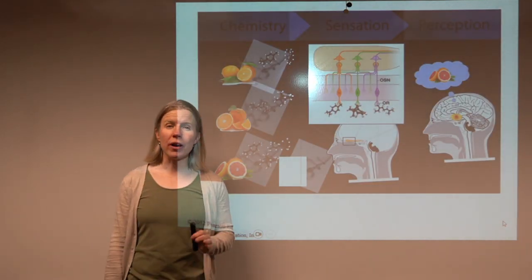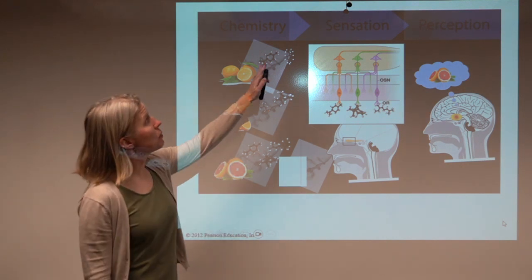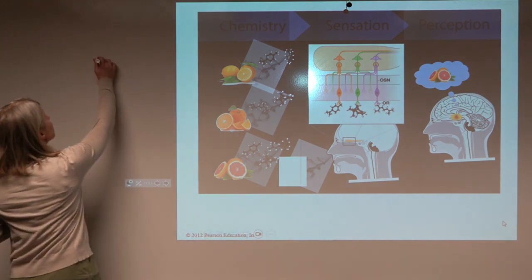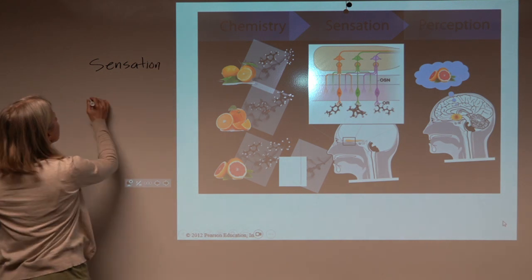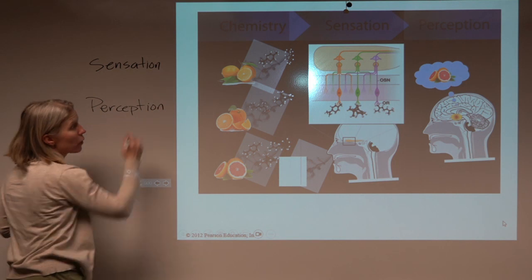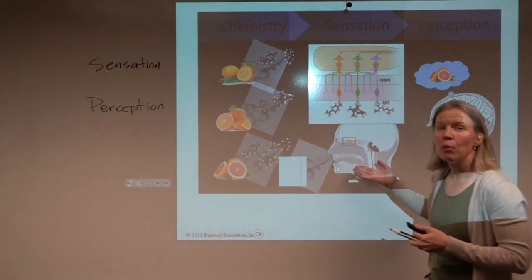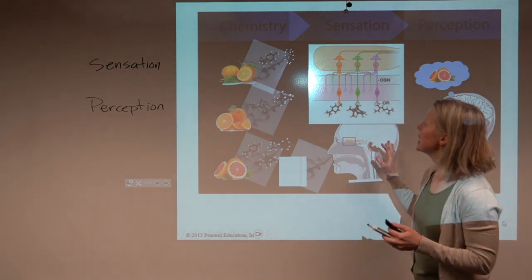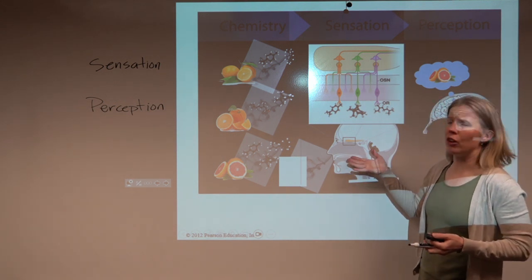Okay, so one of the key things that I really want us to understand is this idea of the difference between sensation and perception. And this image is giving us an idea of how one of our special senses, which we won't really talk about until chapter 17, olfaction, our sense of smell, functions.